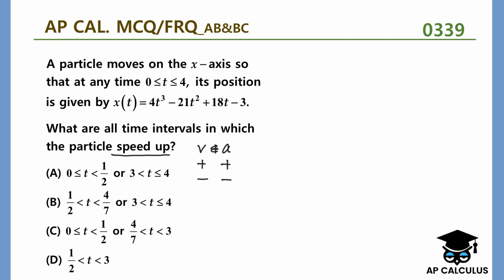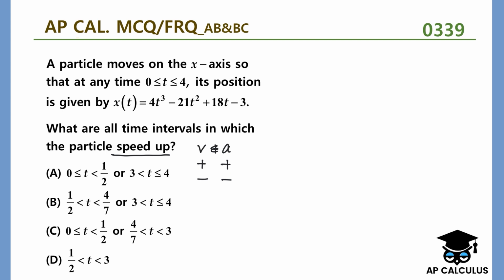In these cases, the particle speeds up. Also, the particle slows down when the velocity and acceleration have different signs. Let's say velocity is positive and acceleration is negative, or velocity is negative, acceleration is positive. In these cases, the particle slows down, right?